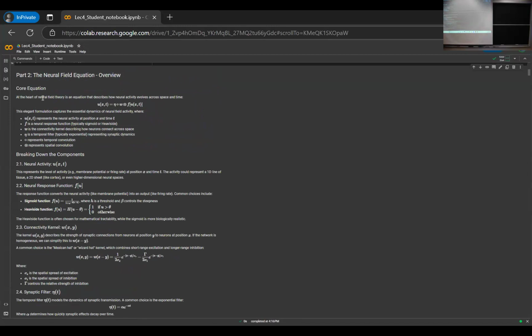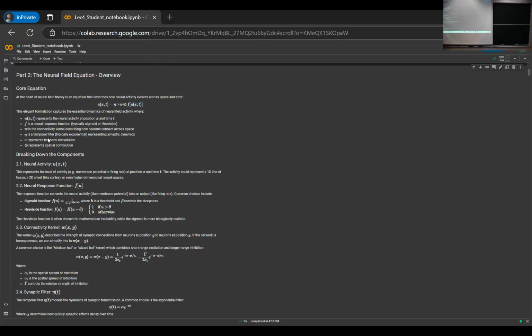So let's see what this is saying. We have a u variable dependent on x and t. So x is space, t is time. We get an eta kernel, a w kernel, and two convolutions, and an activation function f, and again the state variable u, or the activity level of our neurons in this case.